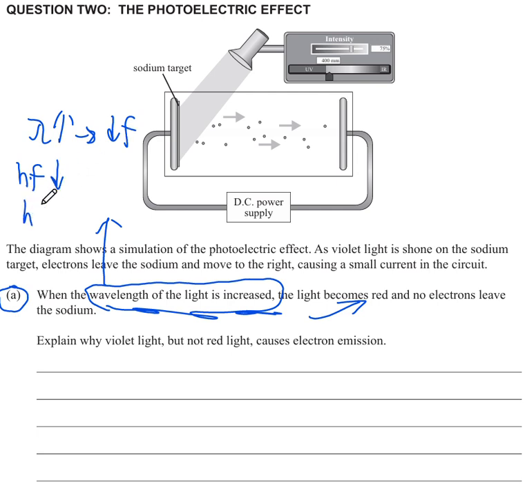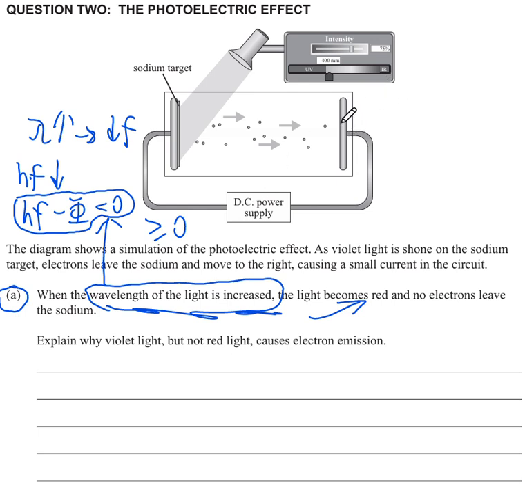So that's your hf minus phi, work function of the metal, the sodium target here, is less than 0. Now, in order to see this photoelectric effect, we have to make sure that this part is greater than or equal to 0. So it must mean that for your violet light, the frequency is good enough.